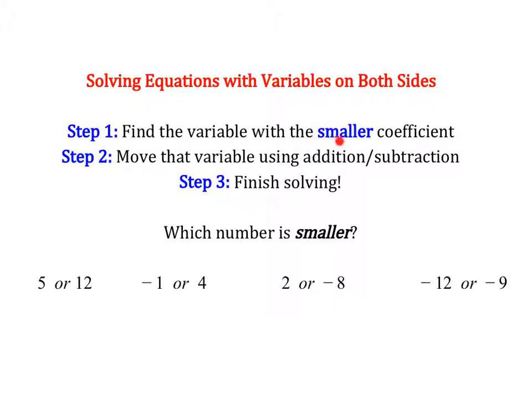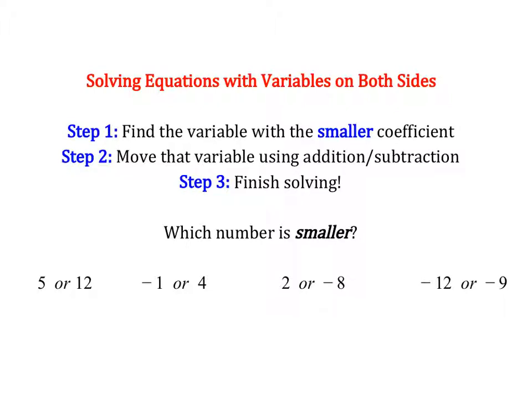It's going to be easier for us to move the one with the smaller coefficient. We can move that variable using our inverse operation, which will be either addition or subtraction. If it's a positive variable, we're going to subtract it from both sides, and if it's a negative variable, we're going to add it to both sides. And then from there, you should have a two-step equation or something that you already know how to finish solving.